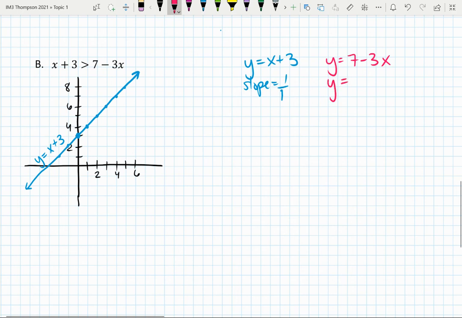I'm used to seeing mx first, so I'm going to rewrite this as negative 3x plus 7. So that's what I'm used to, and I don't want to mess up my intercept and my slope. So for my red equation, I have an intercept of 7. So I'm going to start here, and a slope of negative 3 over 1. So I go down 3 over 1, down 3 over 1.